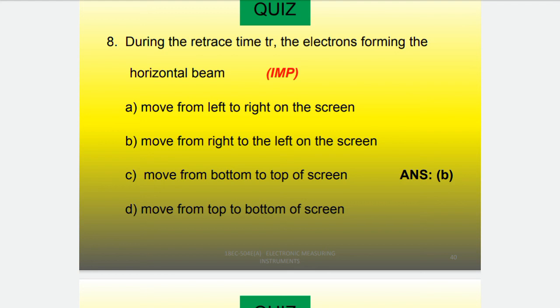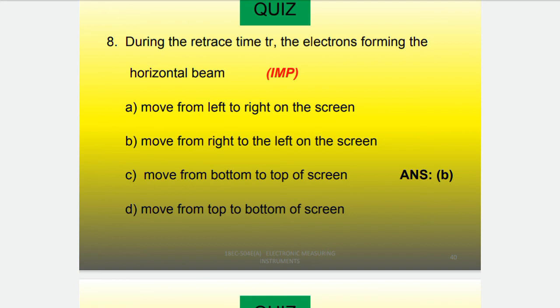Options are move from left to right on the screen, move from right to left on the screen, move from bottom to top of the screen, and move from top to bottom of screen. The correct answer is, during the retrace time, the electrons move from right to the left on the screen. Hence the answer is B.